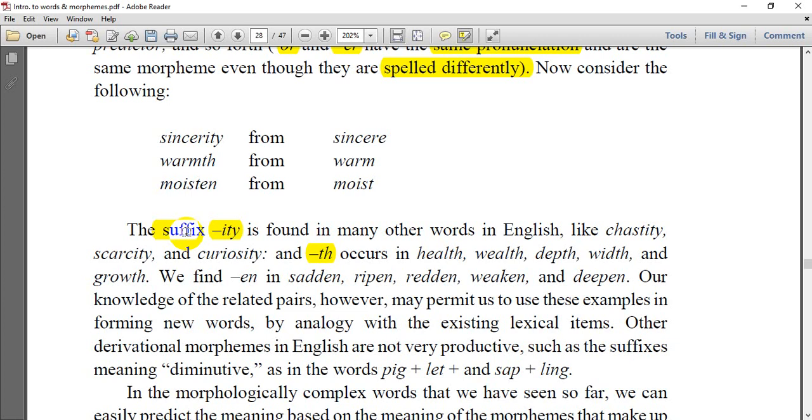For example, kindly, waiter, player, box, health. Kind, kindly; wait, waiter; play, player. These are suffixes at the end of a word.